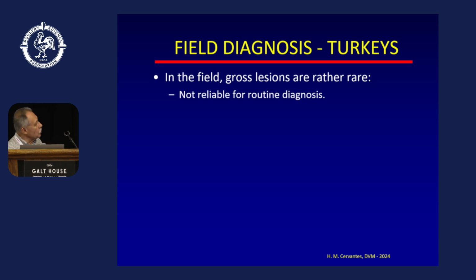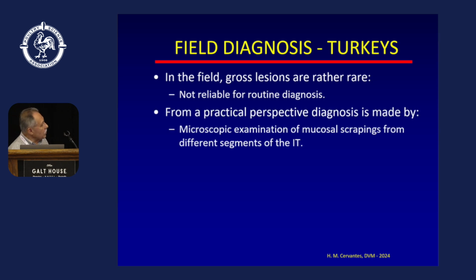Well, in the field, gross lesions are rather rare, so going by gross lesions is not reliable in turkeys. From a practical perspective, the way you diagnose this is by routine microscopic examination of mucosal scrapings from different segments of the intestinal tract. So there are a lot of cocci checks in turkeys to detect coccidiosis.